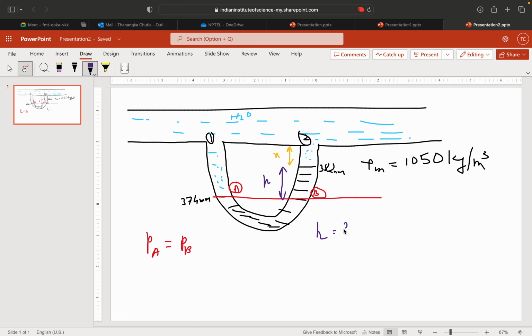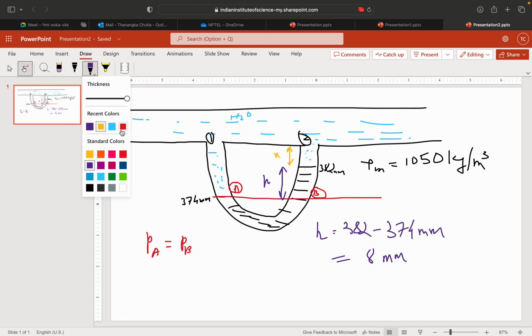My h will be 382 minus 374 mm. What is this? 382 minus 374, this will be my 8 mm.